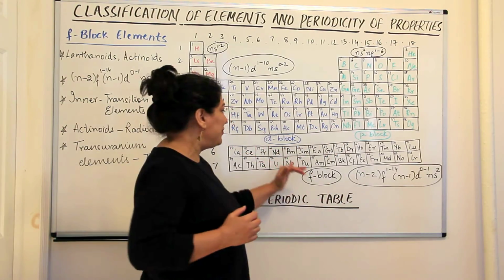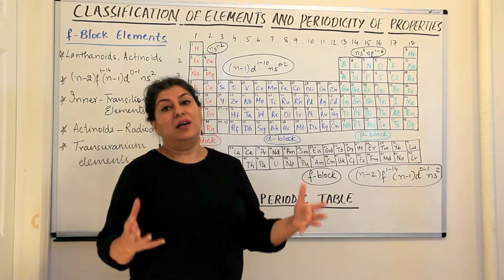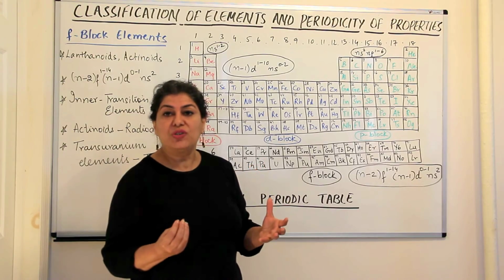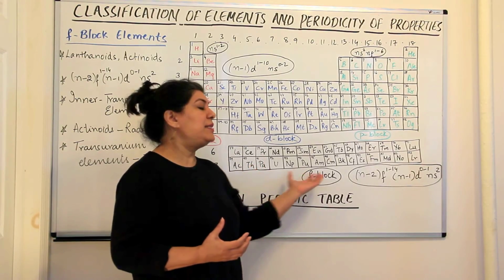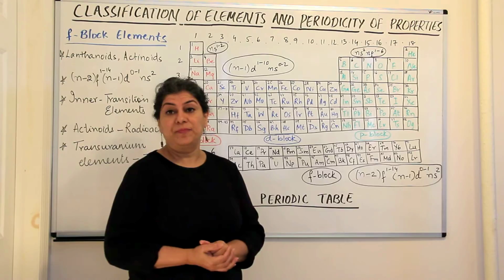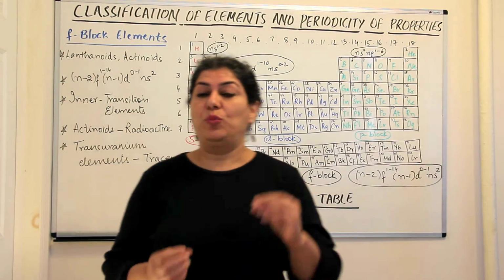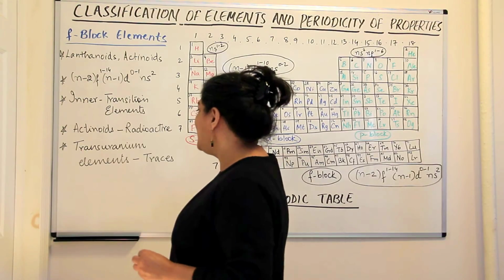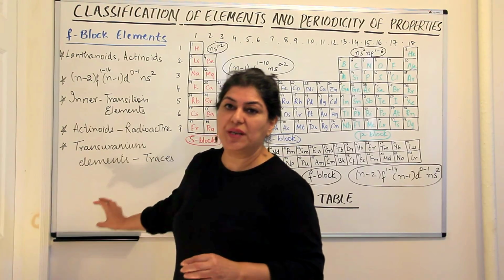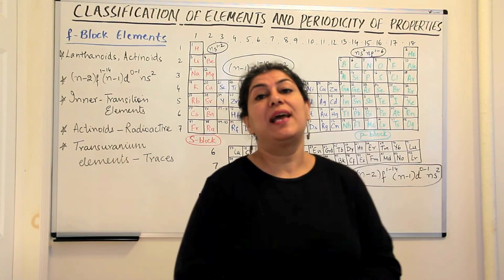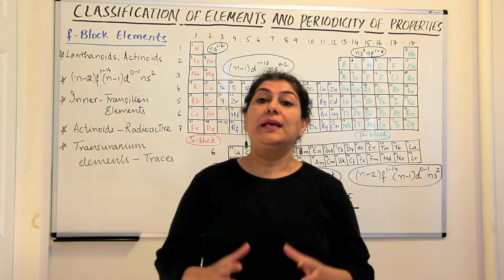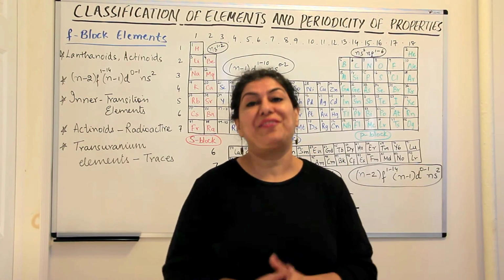So elements after uranium usually are unstable or found in very small traces, and hence we have not done a detailed study of these as yet. So this was about the F block elements, which are known as the inner transition series. The transuranium elements are only found in traces, and hence our knowledge about them is still not enough.